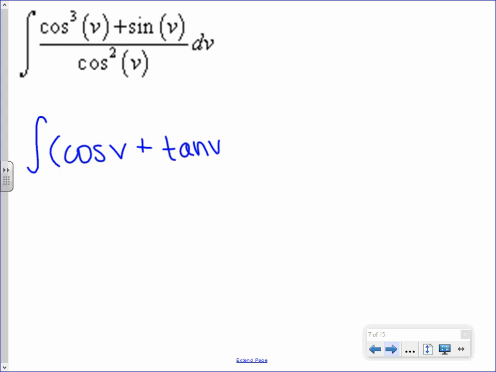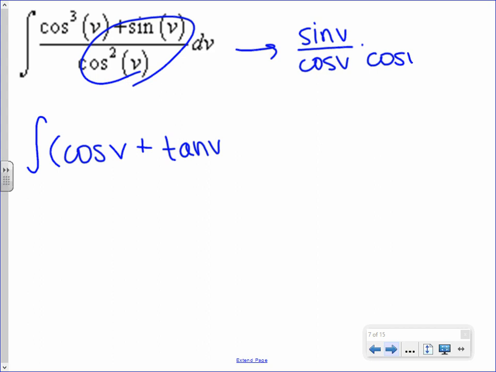Okay. So here I'm going to write this one over here. So we could write this as sine over cosine, but then we would have an extra cosine in the denominator, right? And what's 1 over cosine? Secant. So this would be secant v tangent v dv.